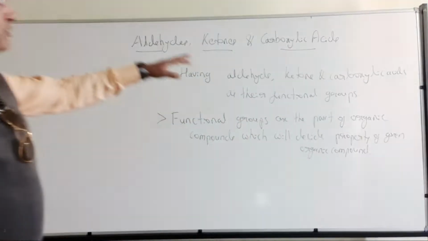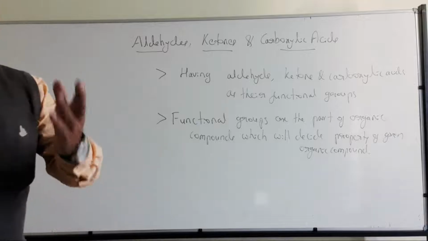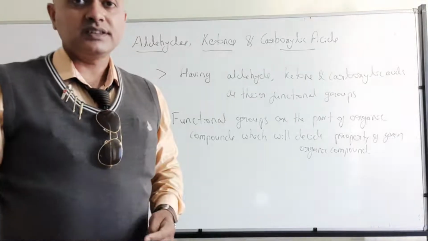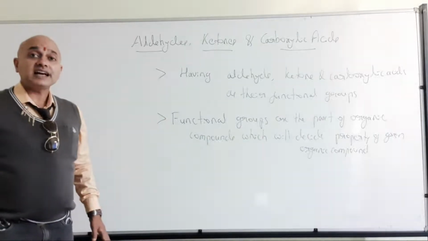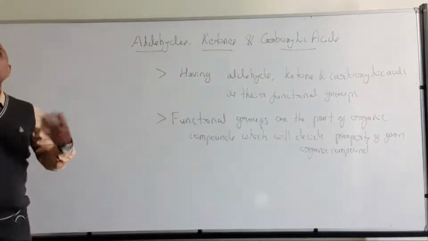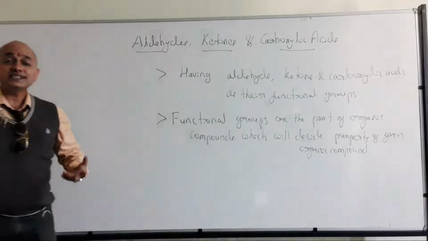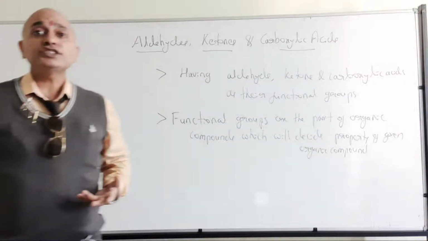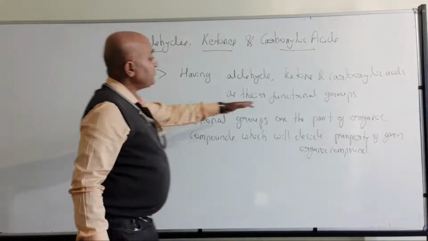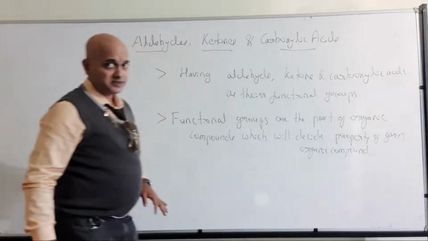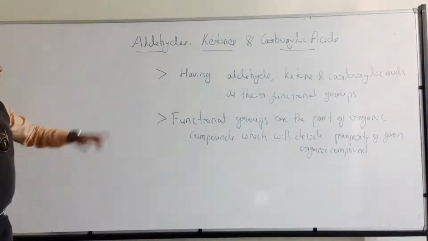So here we have only three. And you have already studied alcohols, phenols, ethers, even they are considered as functional groups. Amines also are considered as functional groups. So what do you mean by functional groups?